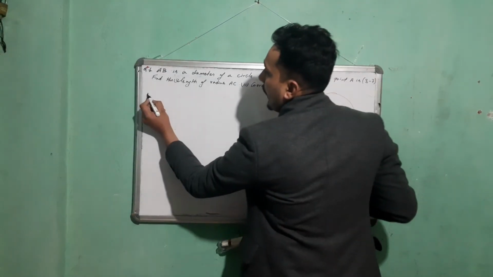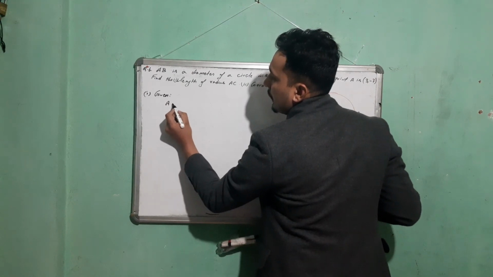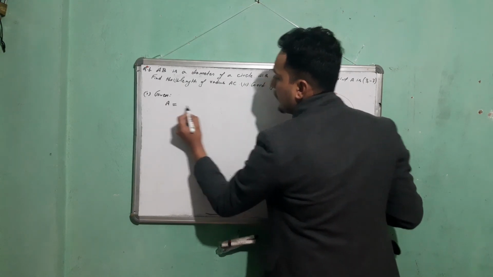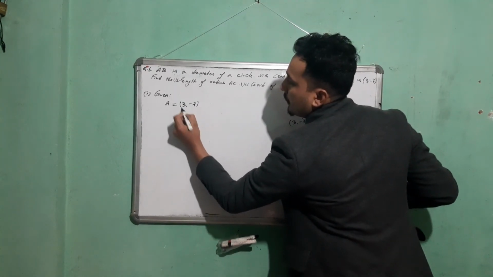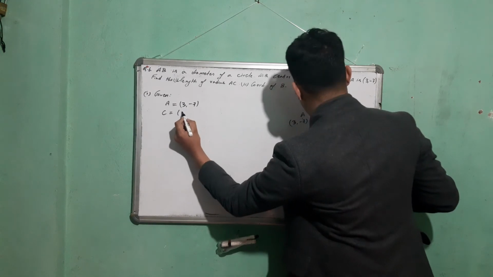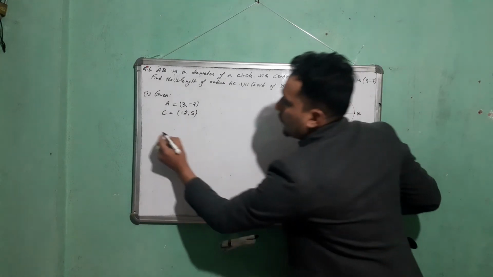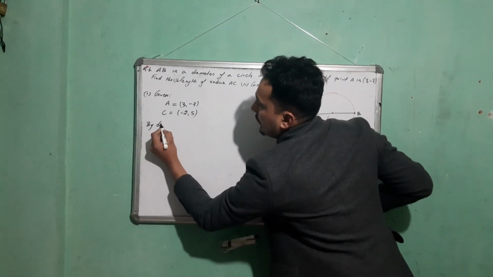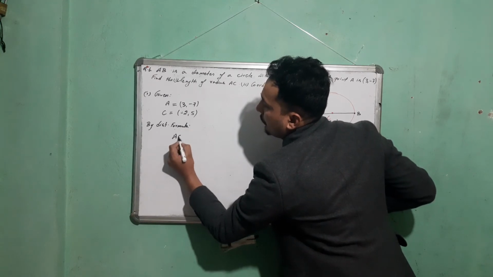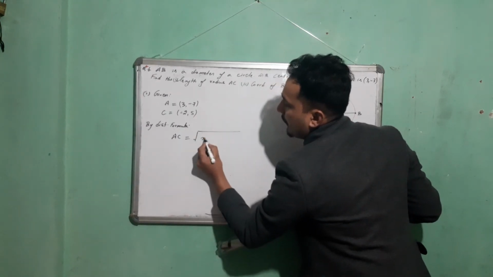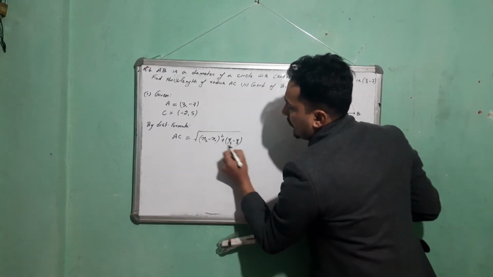So number 1, given the coordinate of A is 3 comma minus 7, and C is minus 2 comma 5. By the distance formula, the length of AC is given by the square root of x2 minus x1 whole square plus y2 minus y1 whole square.